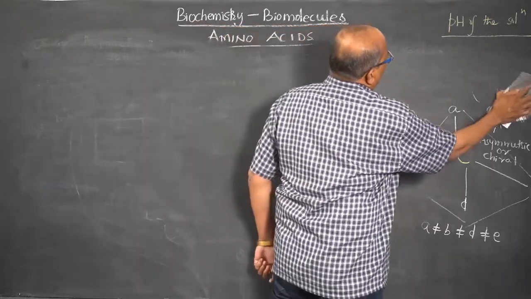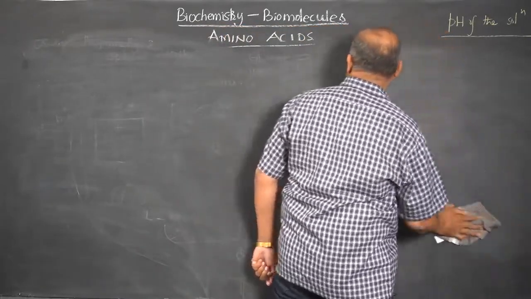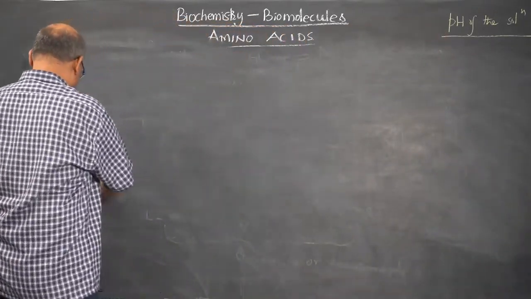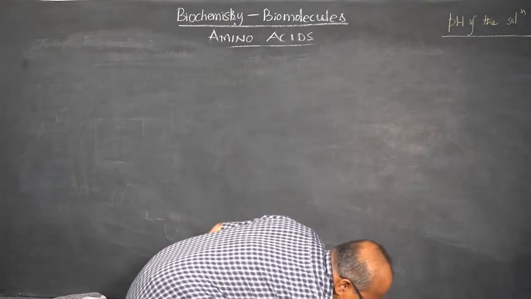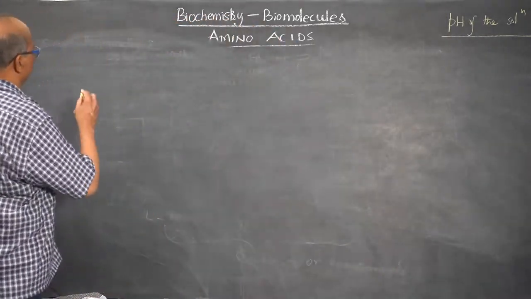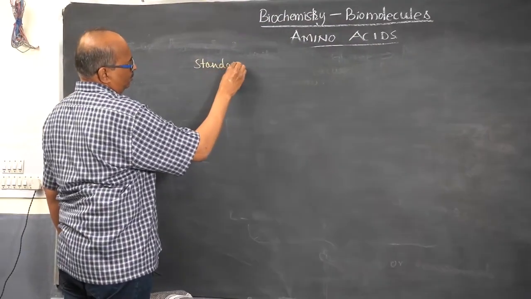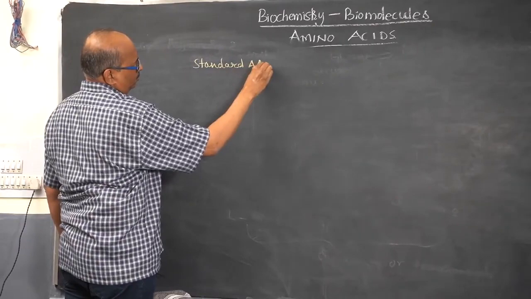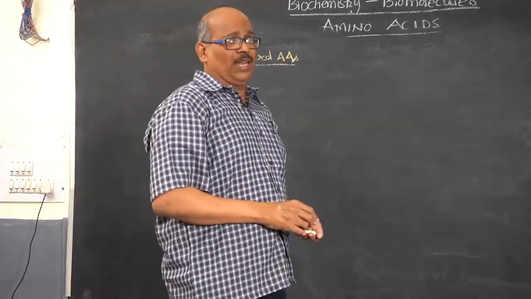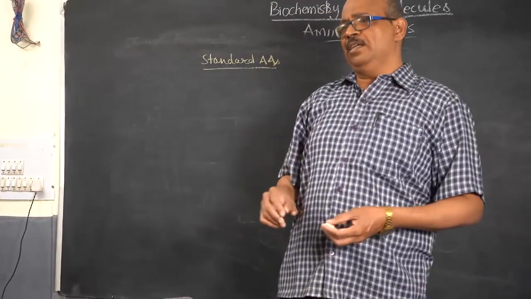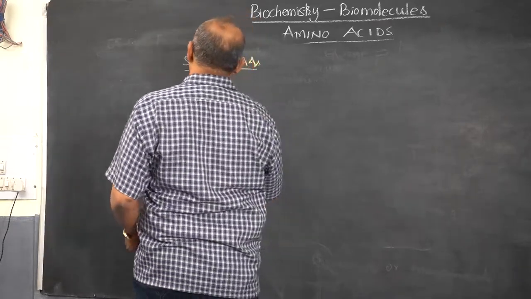The next one that we will be looking at in the amino acids is the standard and non-standard amino acids. A standard amino acid is one which is coded by the genetic code and has its own codon.